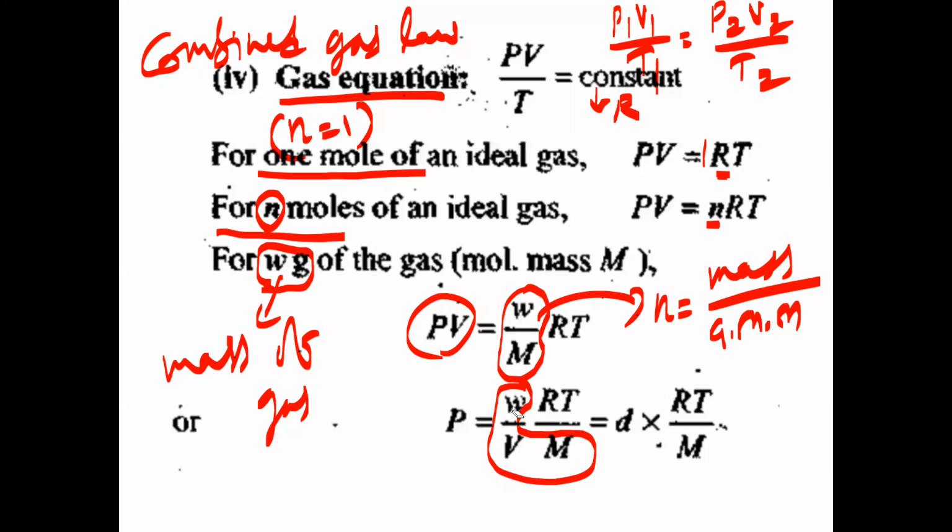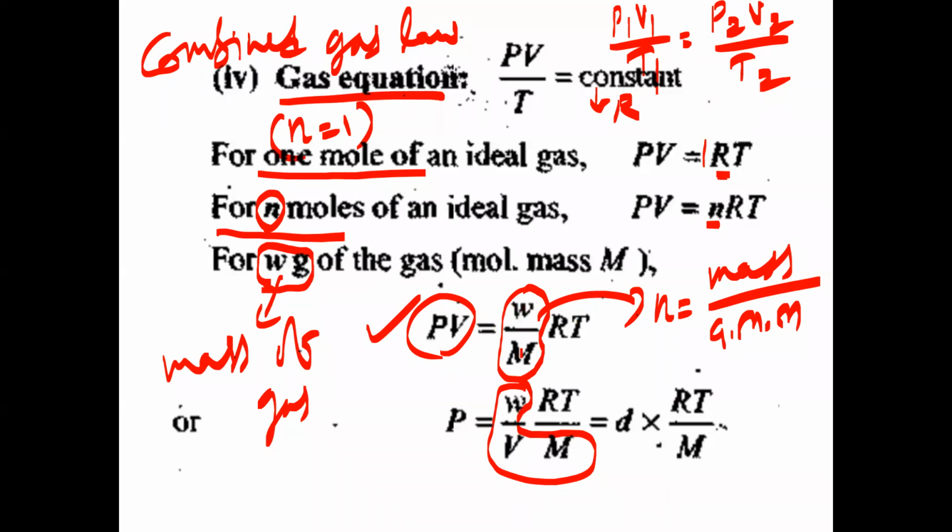Where W by V is mass by volume, which is nothing but density. Did you understand this step? PV is equal to W by M RT, where W is the weight or mass, so mass by molecular mass.